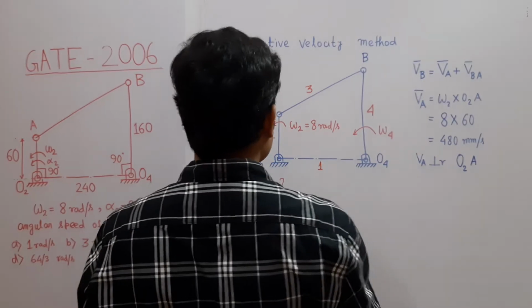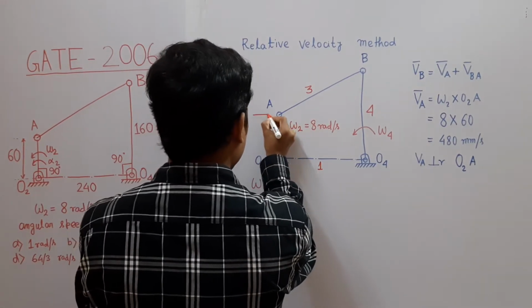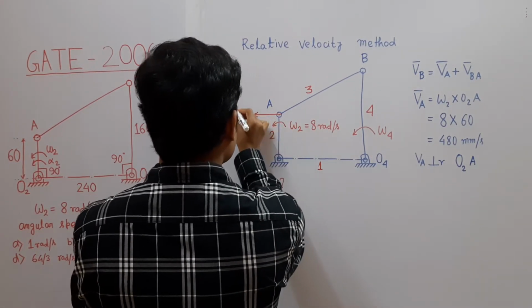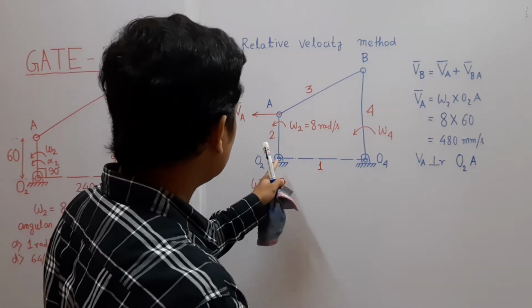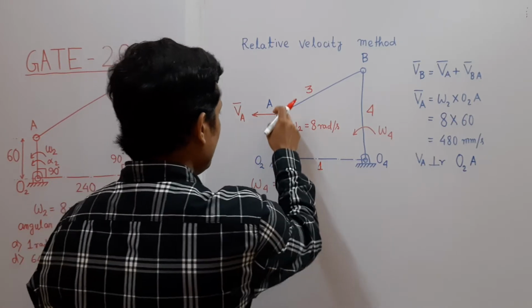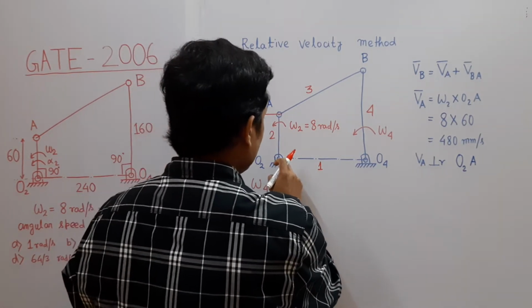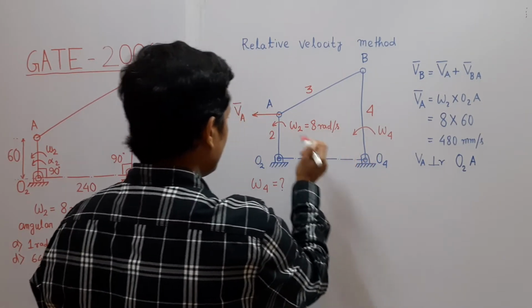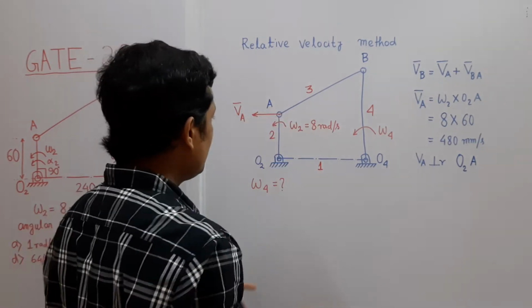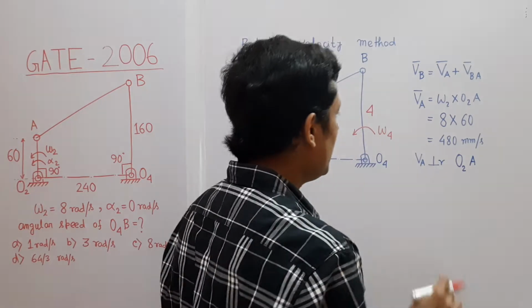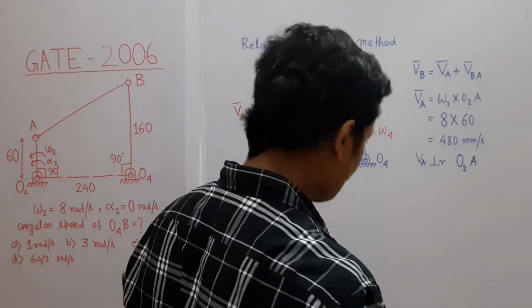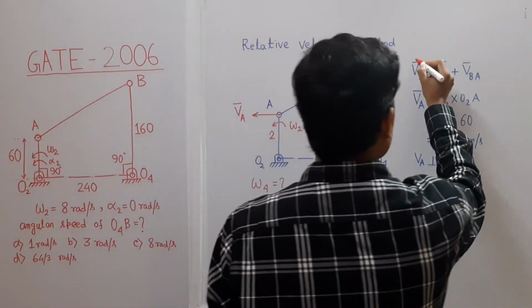So this is Va. As Va is perpendicular to O2A, and if O2O4 is the horizontal direction, then Va is along O2O4, that is along the horizontal direction. Now what about Vb?